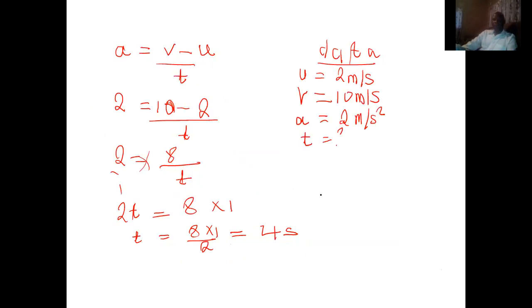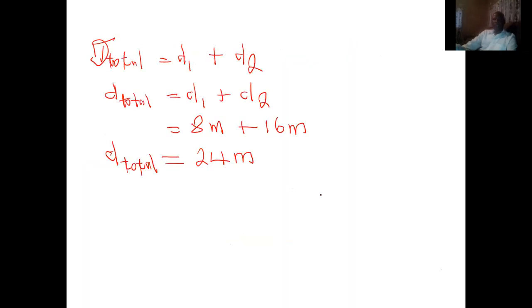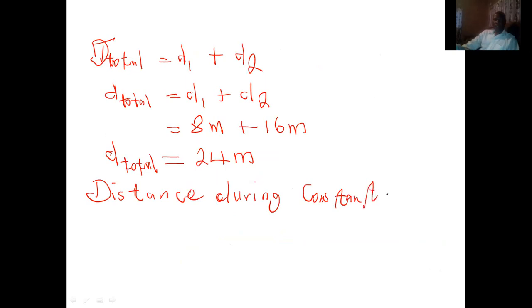We can say distance during constant velocity.